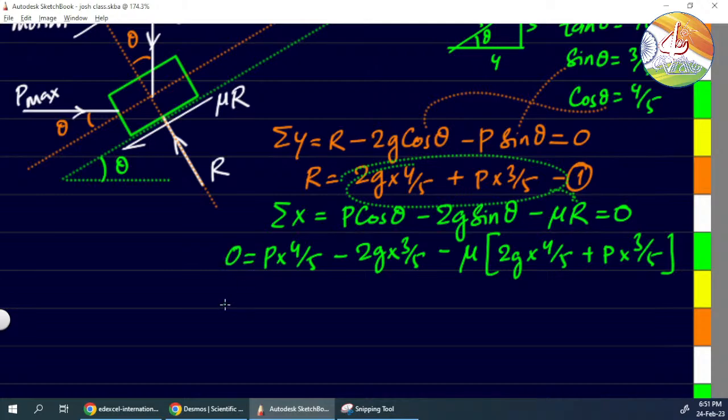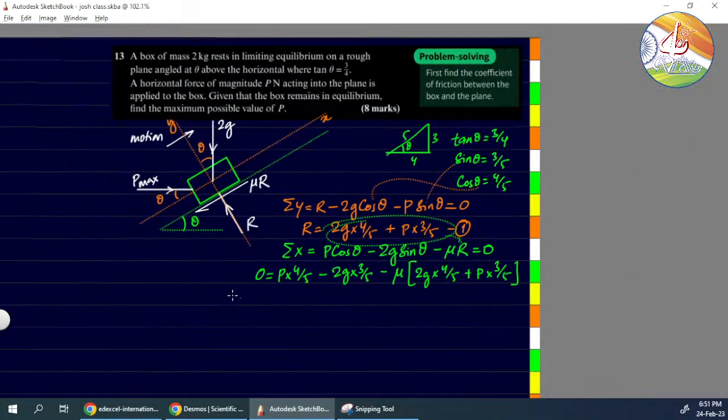So here, how many unknowns are there? Lots of unknowns. Mu is not known, P is also not known, R is also not known.